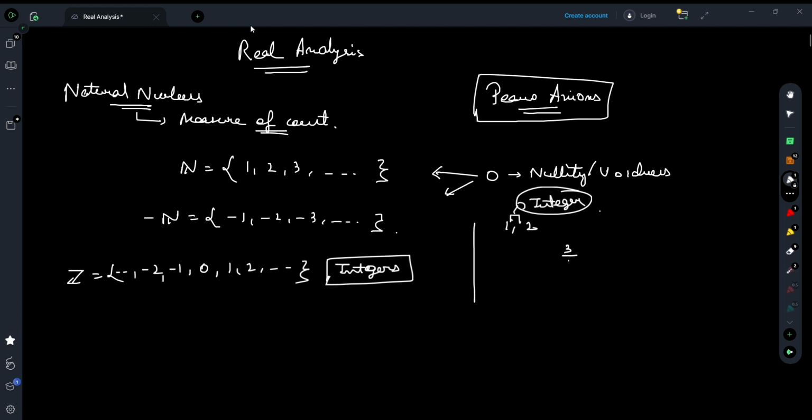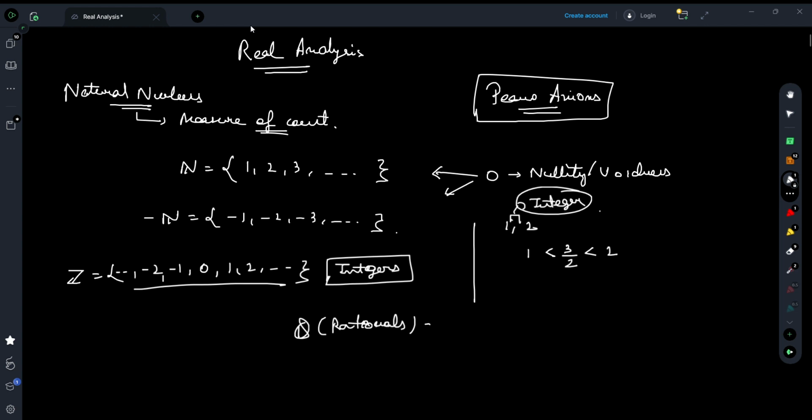But we know that the number 3 by 2 is greater than 1 and less than 2. Clear? So we try to form a set which includes all the integers as well as the gaps between two integers, and we name that particular set the rationals.